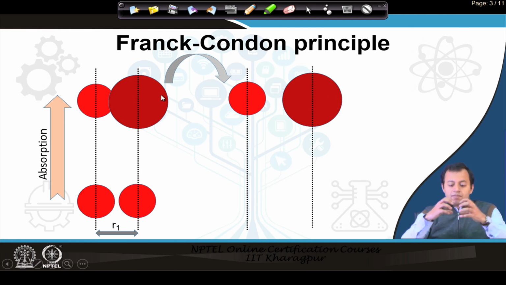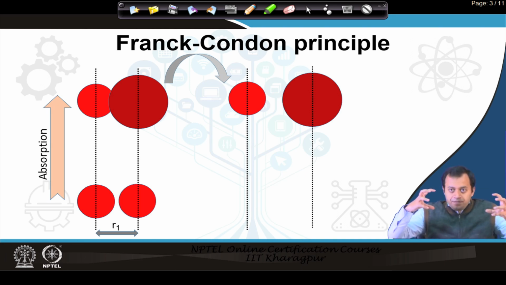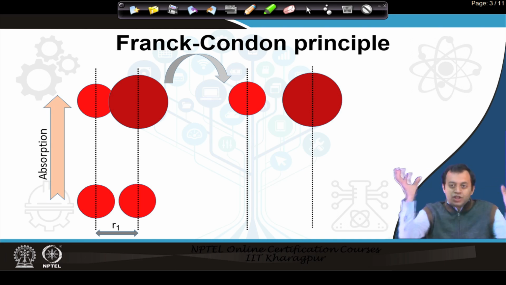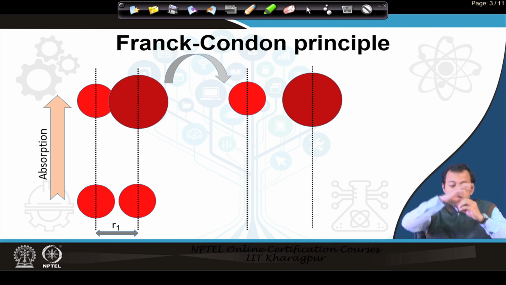There will be mutual repulsion between the electrons which were overlapping each other, forcing them to separate. They have now separated. It took some amount of time because it is not instantaneous. The electron has moved, but the nucleus is still there. But now one more force, the repulsive force between the two electron clouds, has come back.